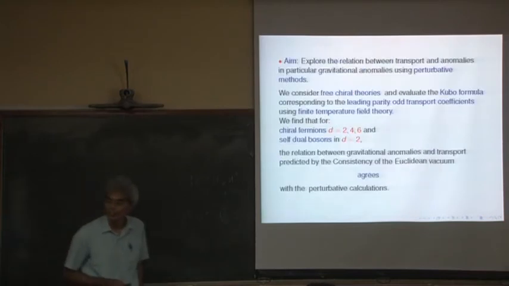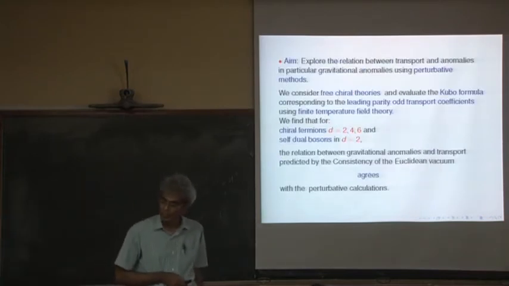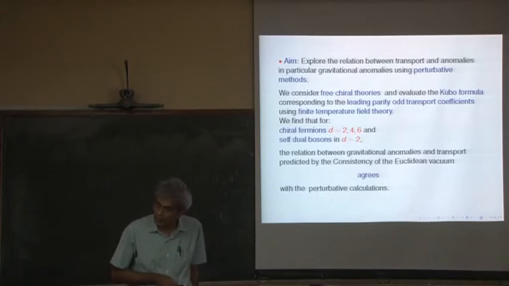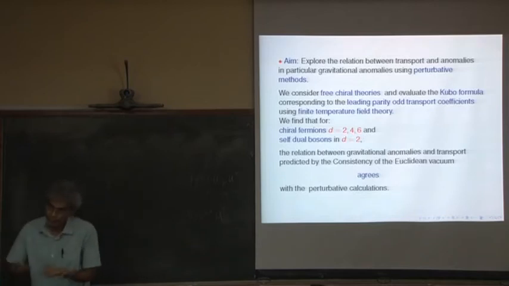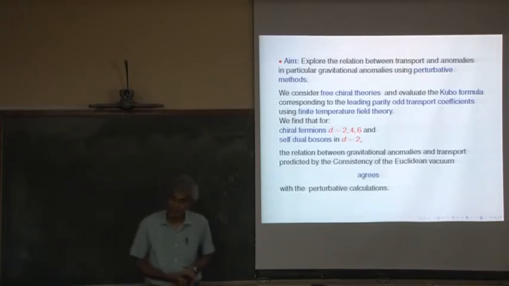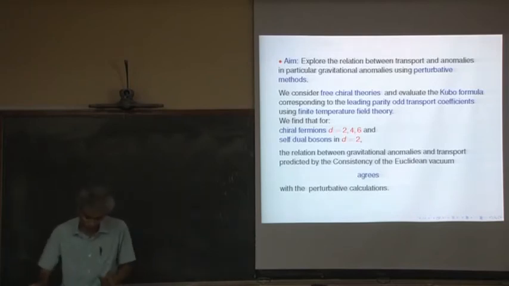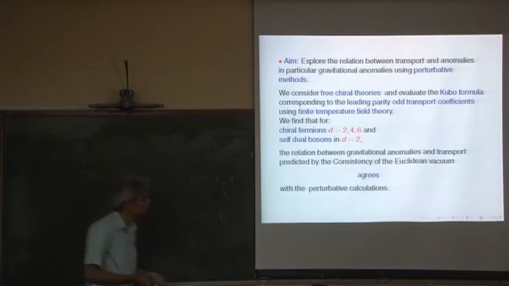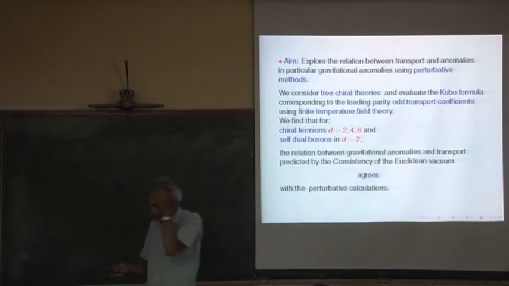Is the dual fluid formed by these chiral fermions? Is the dual fluid two-dimensional? This is a free theory. If you want a holographic dual, you need a strongly coupled theory. So the question is why at all we should trust perturbative analysis.